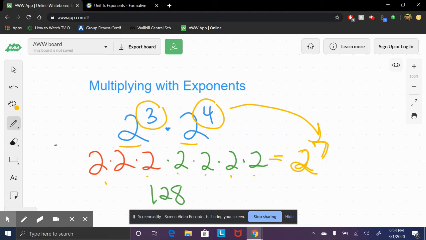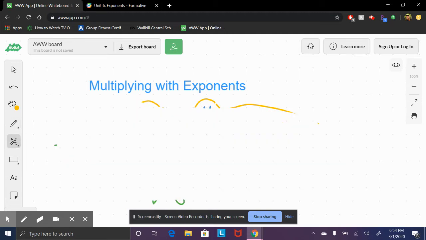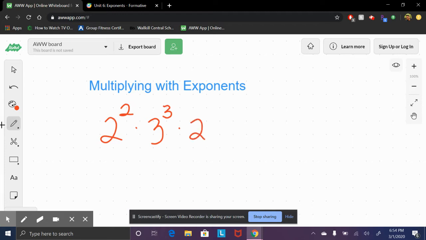All right, let's look at another expression. 2 to the second times 3 to the third times 2 to the fourth times 3 to the fifth.